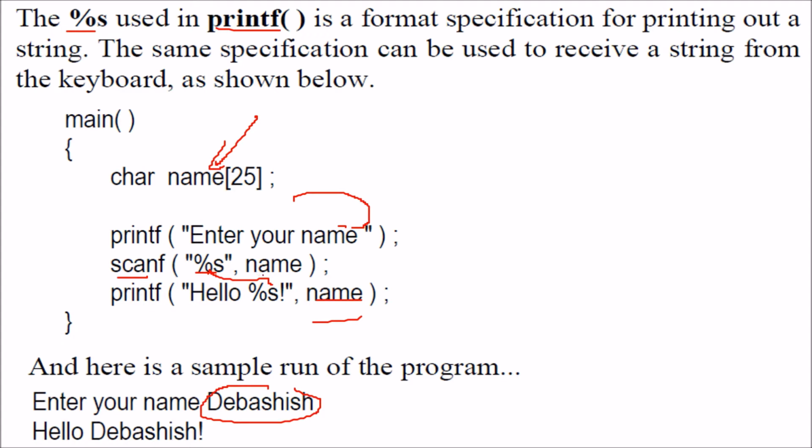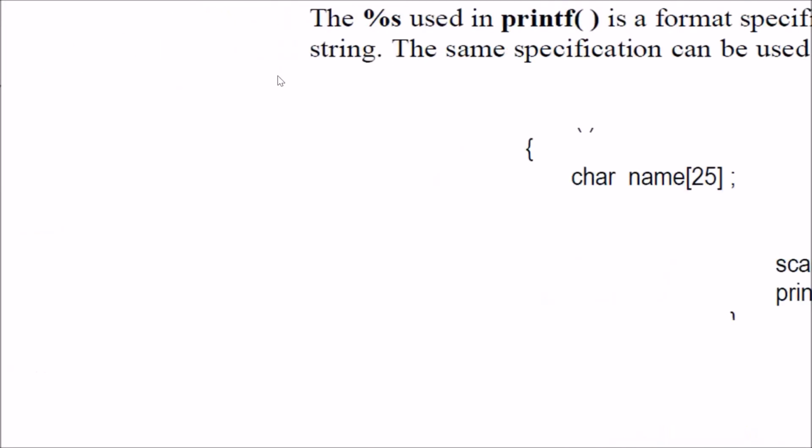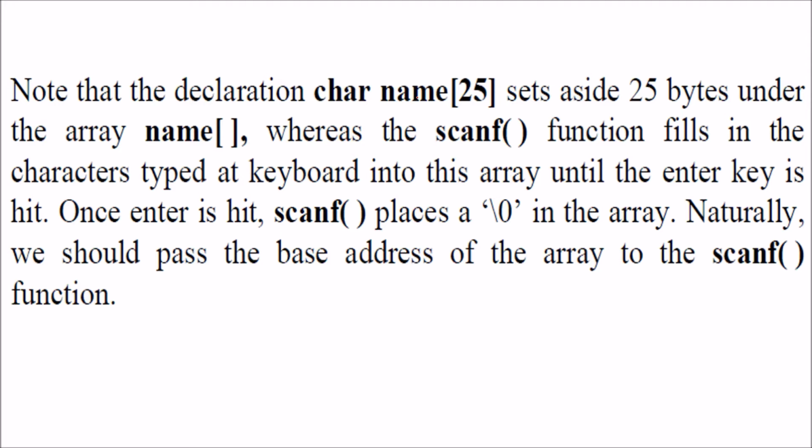It perfectly ran and showed us Debashish. No problem with that. But the declaration will set 25 bytes. It goes up to \0, and \0 is never counted. Only 25 bytes of characters will be used. That is why all the values will be stored at the proper location by scanf.